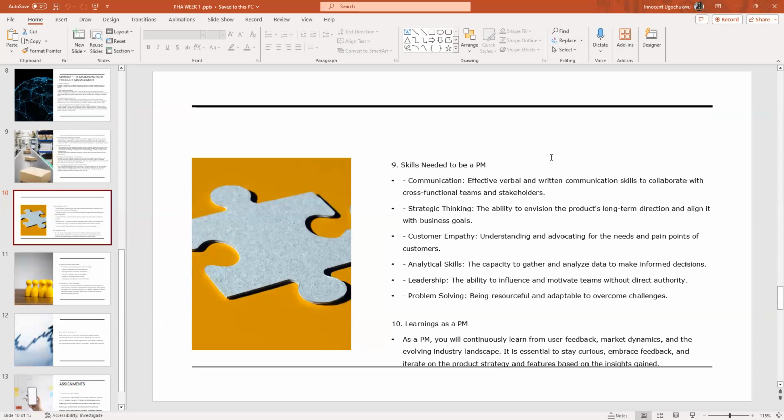Strategic thinking: the ability to envision the product's long-term direction and align with business goals. It's not that the business goal of the company is going X and you are going Z. All your thinking must go in the same line.